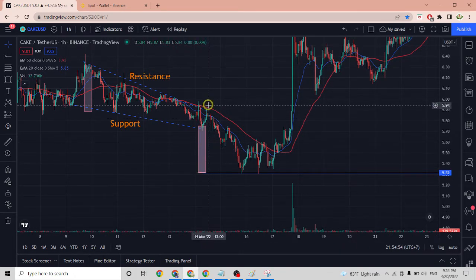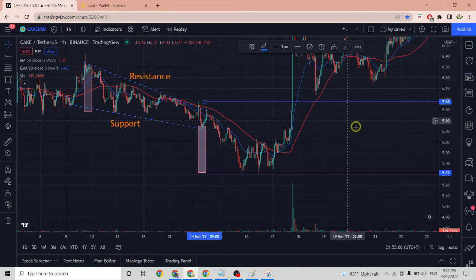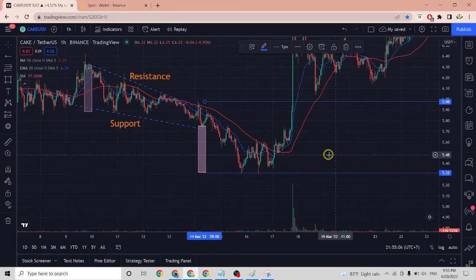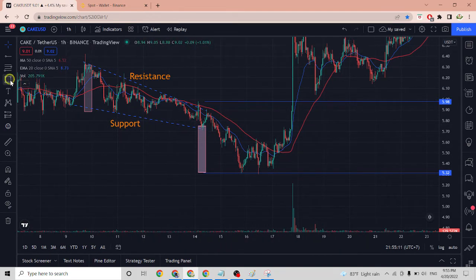But if it breaks the resistance, you can buy at this point, 5.98. So that is the importance of the falling wedge.